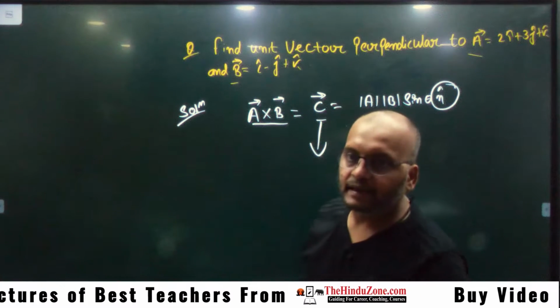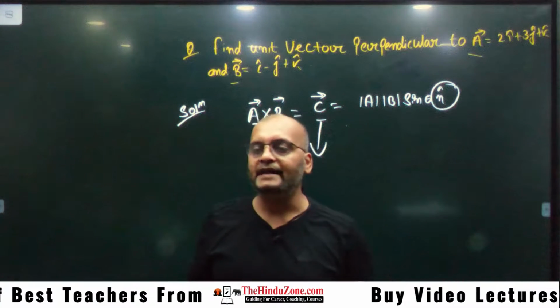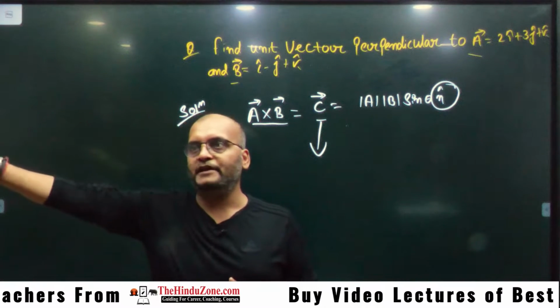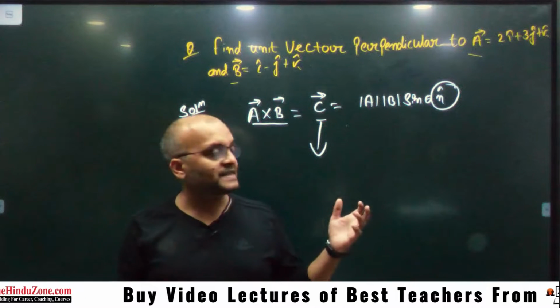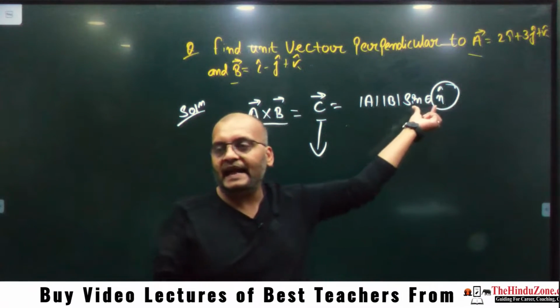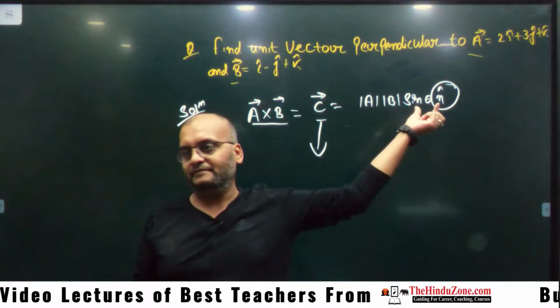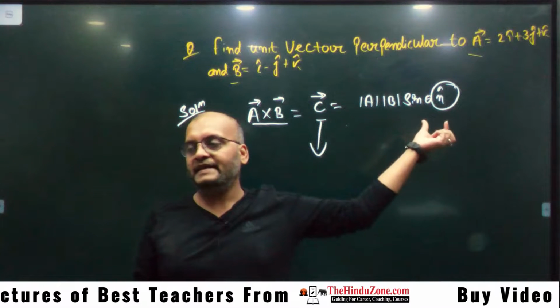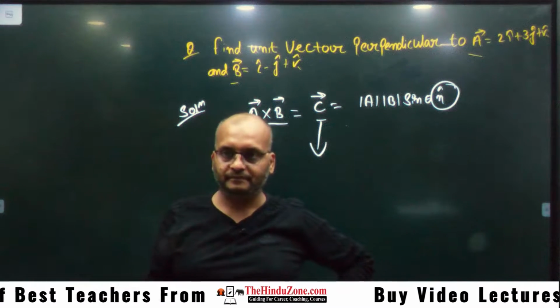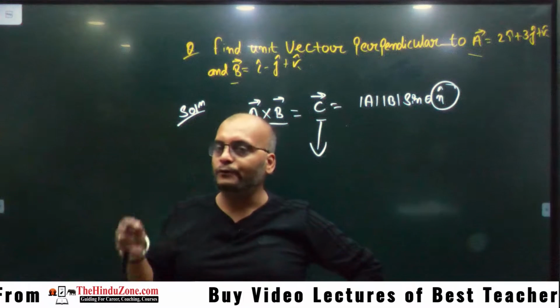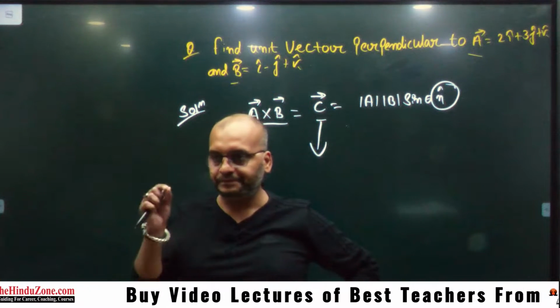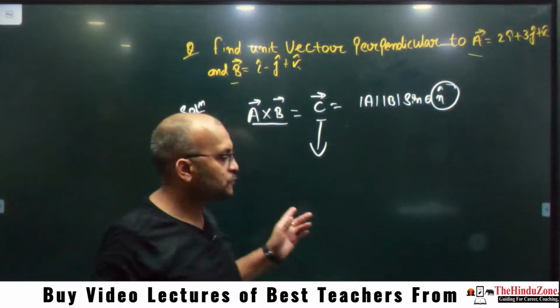It tells us whether the resultant is in this particular direction or that one. So basically they want you to find this n cap. Getting my point or no? It is perpendicular. Yes or no? Okay. So how to find n cap?